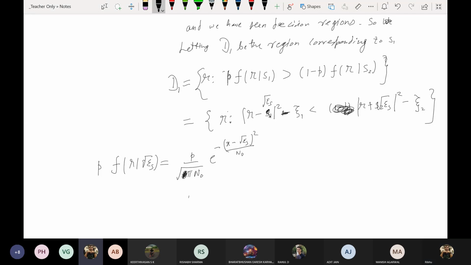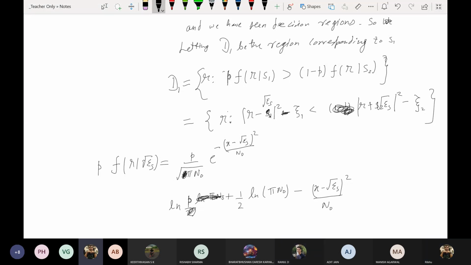So natural log of P by 2, plus half natural log of pi N0, minus log P, right? Fine.